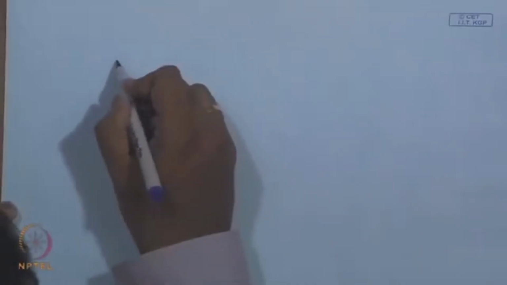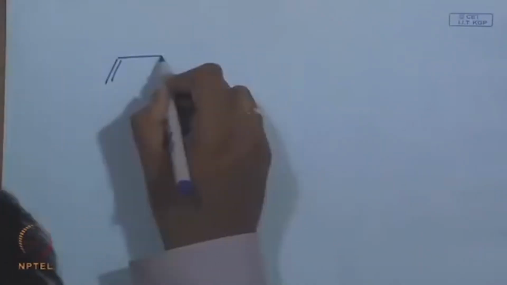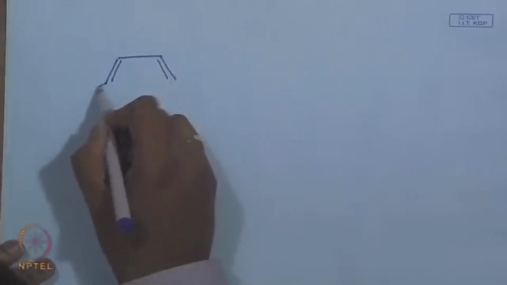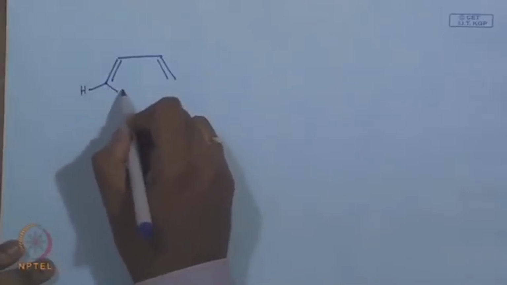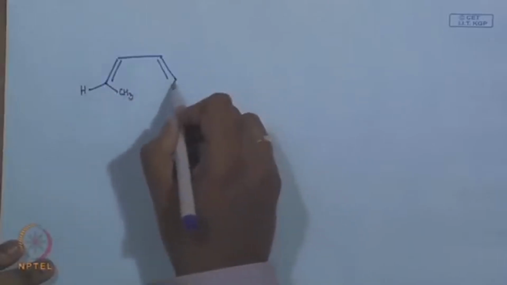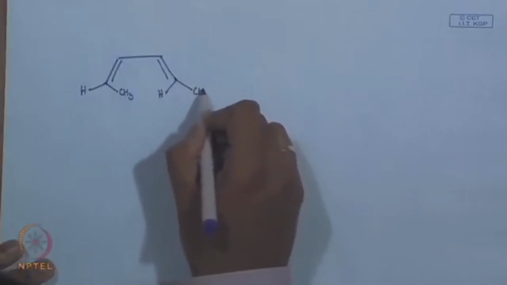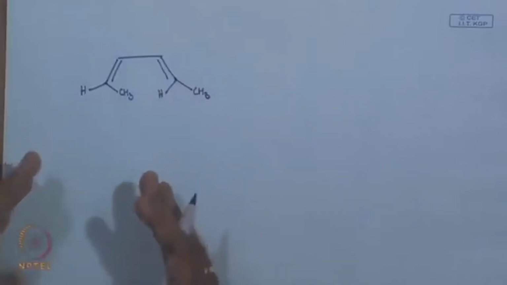Now we will take some examples and try to understand this. That will be really nice to see. For example, I am taking this system. Now I have brought in a little bit of an interesting fact, a substituent. If it is simple butadiene, you do not understand much about dis or con.